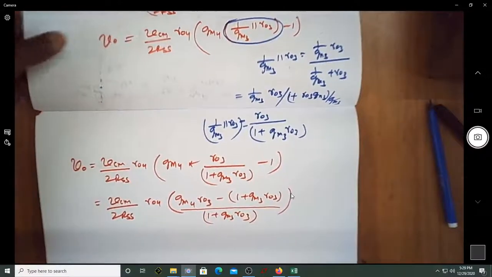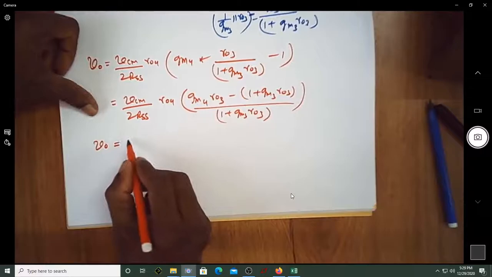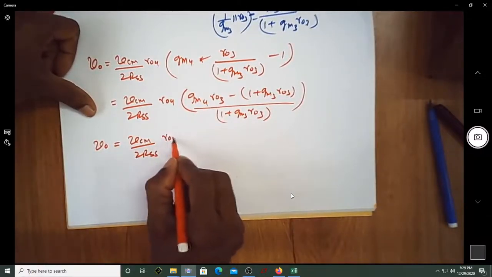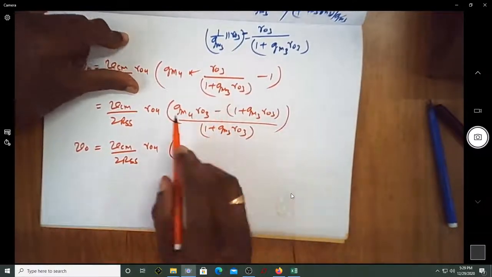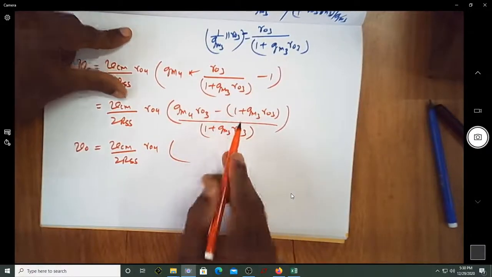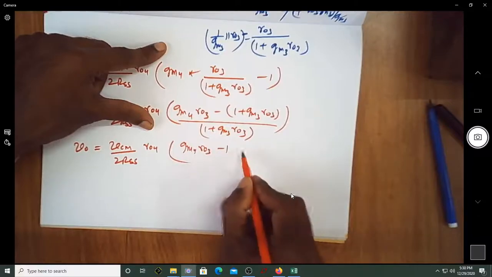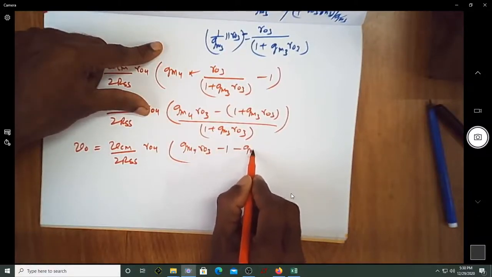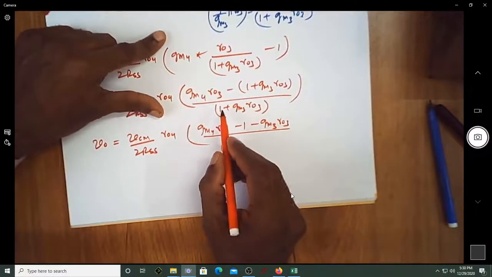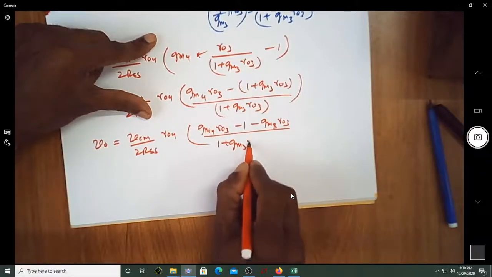So this reduces to, since we are trying to find V0, VCM by 2 RSS into R04 into GM4 R03 minus 1 minus GM3 R03, divided by 1 plus GM3 R03.